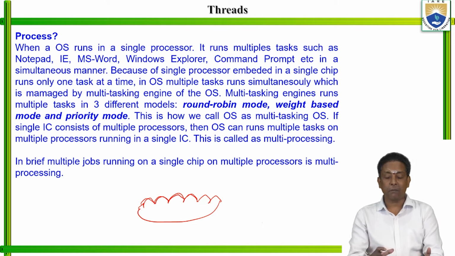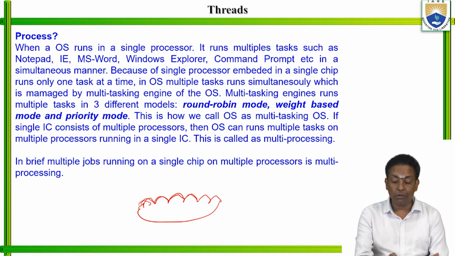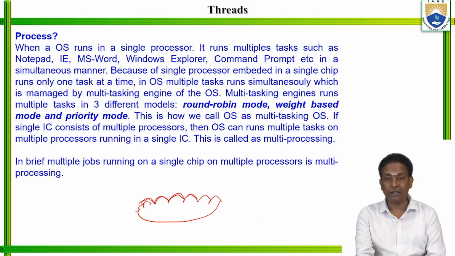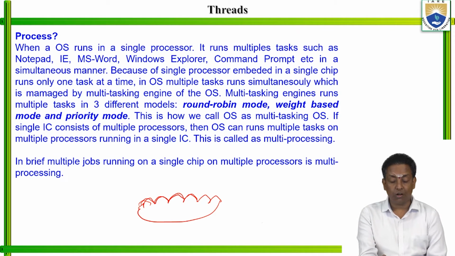The multiple tasks running in the operating system may run in different models. Sometimes the tasks run in a round-robin model, sometimes a weight-based model, sometimes a priority-based model. Round-robin means whichever task you start first, second, third, and so on, they all run in that order only.